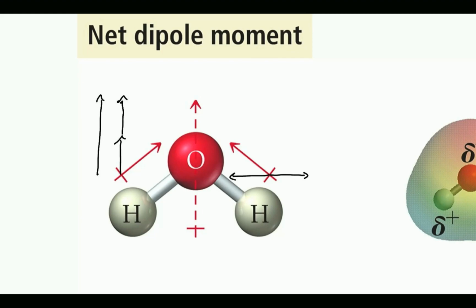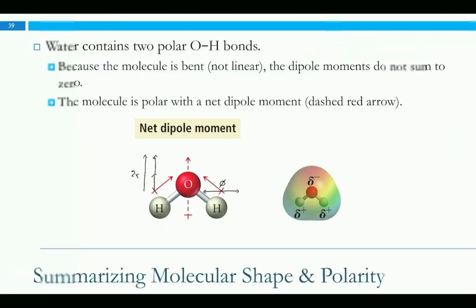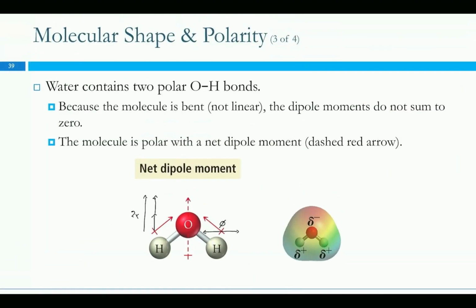What's the net effect of those two vectors? They cancel out, right? If I move one to the left and then move back one to the right, back where I started, so these two vectors are in opposite directions and they cancel, whereas this one would be 2 times in that direction. So for the net dipole moment of water, there's a negative going up and then there's a positive on the other side.